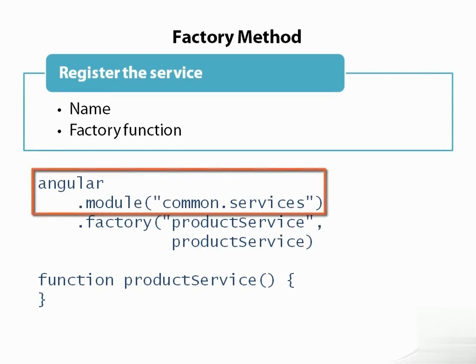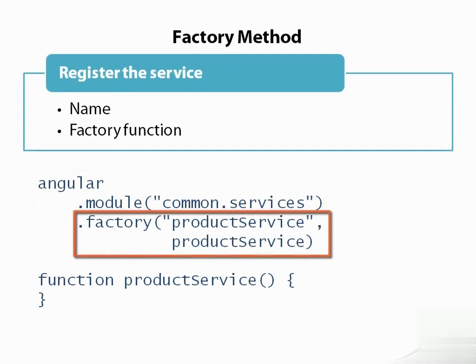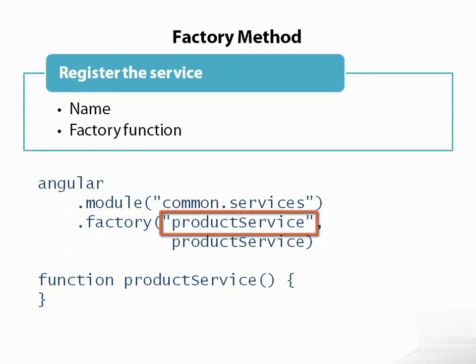This code is registering the service with the common.services module we created earlier in this course. It uses the factory method of that module to register the service. The first parameter to the factory method is the service name. We'll call it productService, and it will provide any product-related business logic.